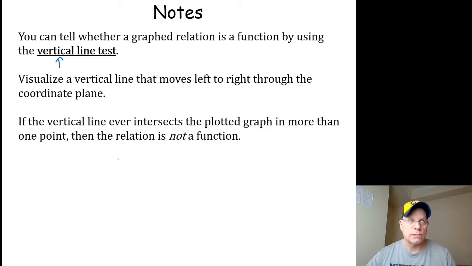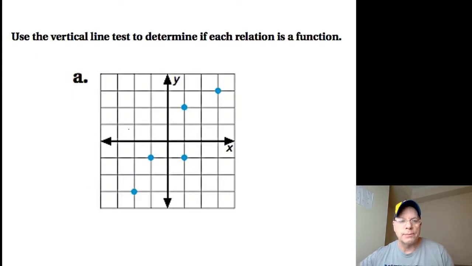So it's sort of like a true, false, yes or no type of question when you look at a graph. Let me give you a couple examples, and you can write them in your notes. This collection of points, we're trying to determine, is it a function, yes or no?